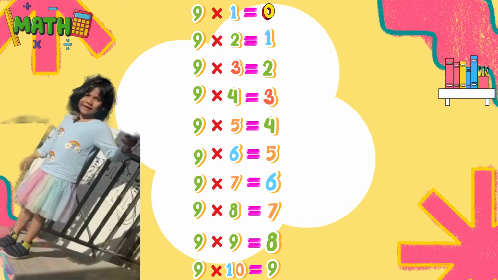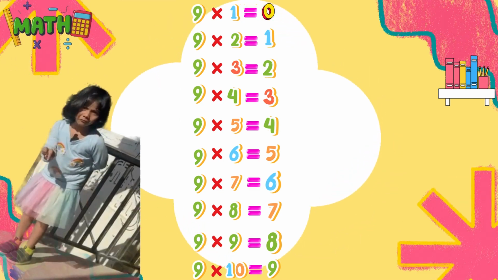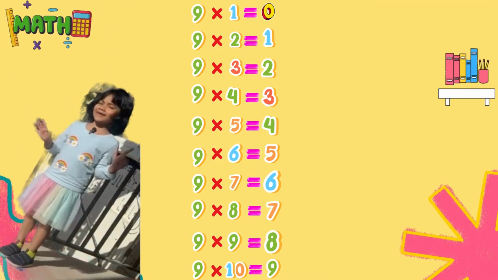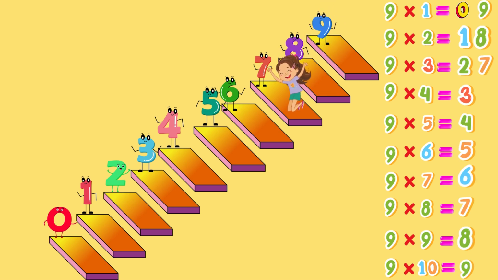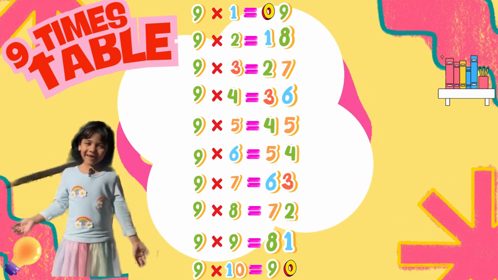Step 2 is to go down the numbers ladder. But now we're not going to start at 0. We're going to start at 9. 8 7 6 5 4 3 2 1 0. This gives us the table of 9.